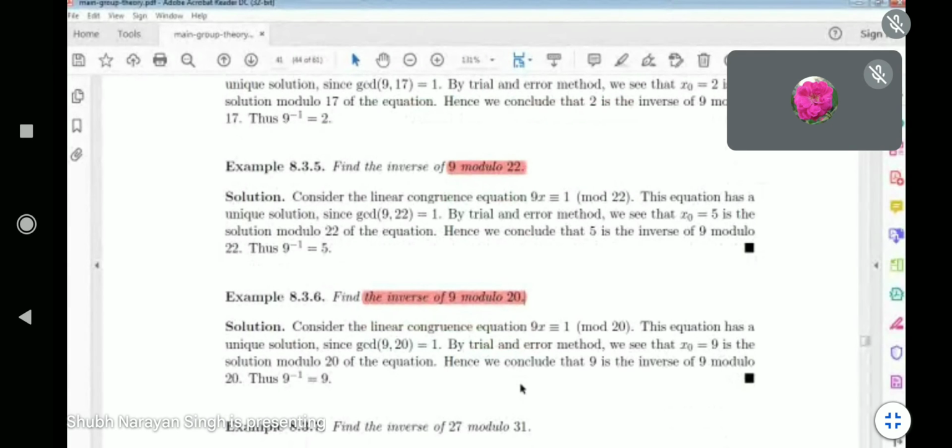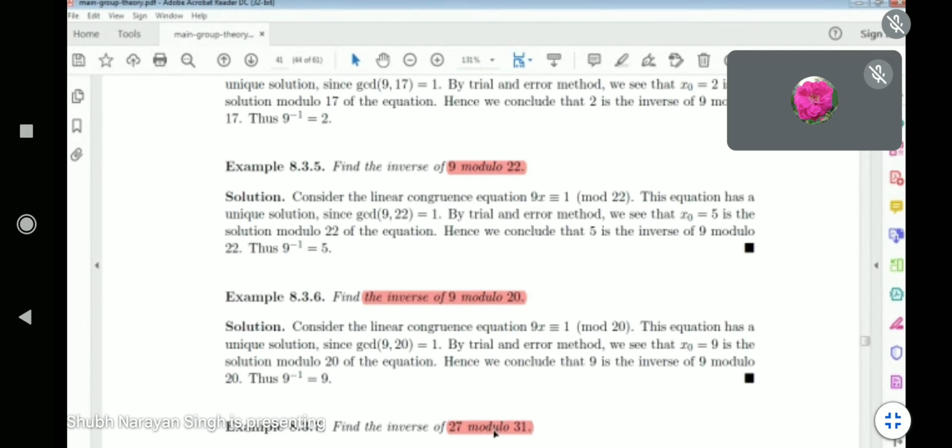Similarly, can you tell me the inverse of 27 modulo 31? I think this data is bigger compared to the previous data. Can you guess what is the solution of this?